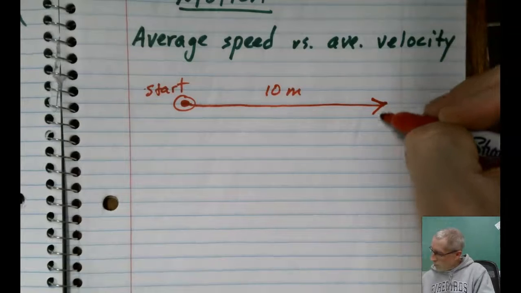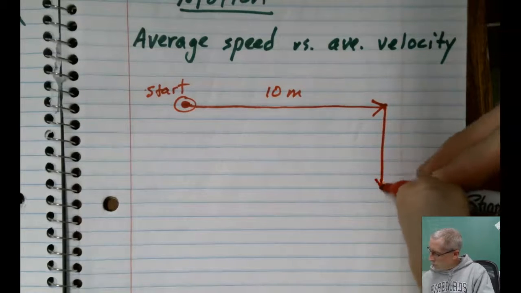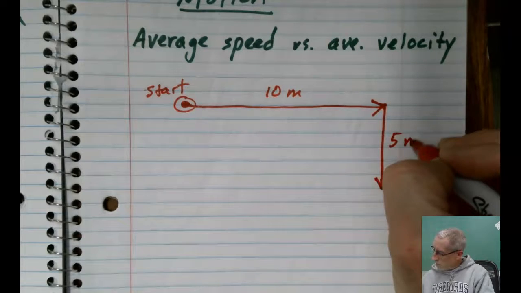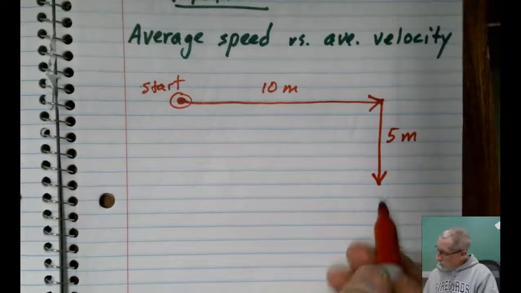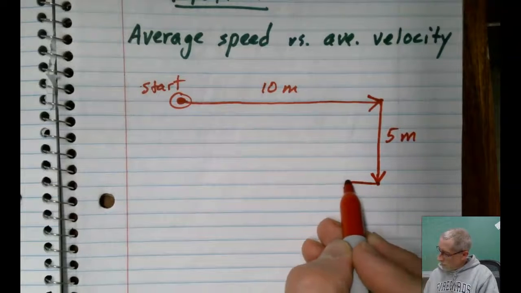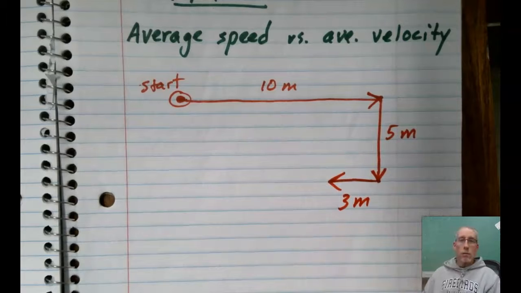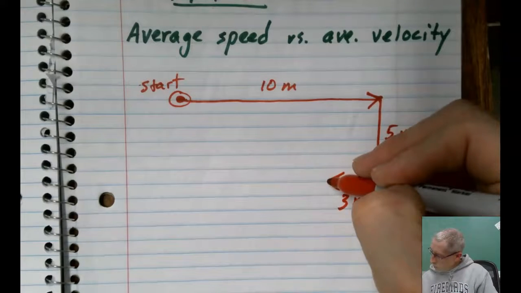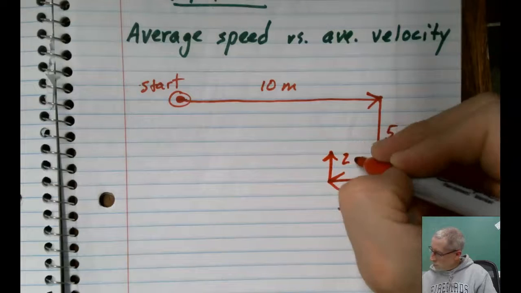And then if they turn and go 5 meters down this way, and then they turn again and go 3 meters to the left, and maybe the maze takes them up, let's say 2 meters now.